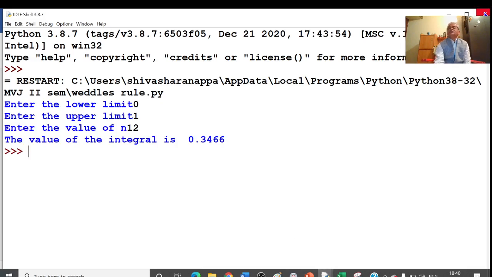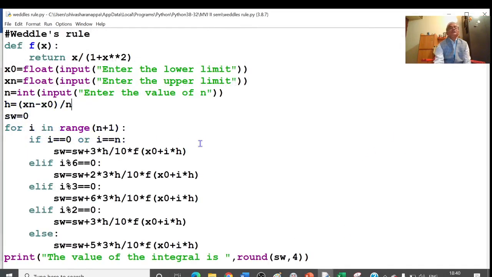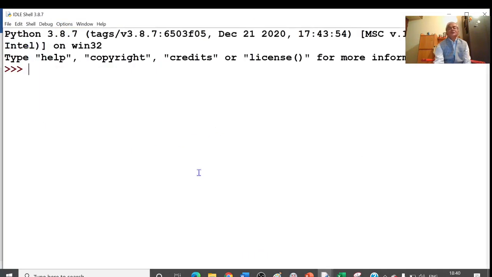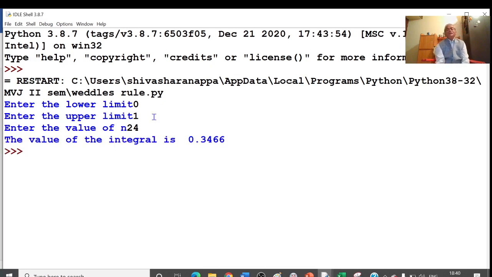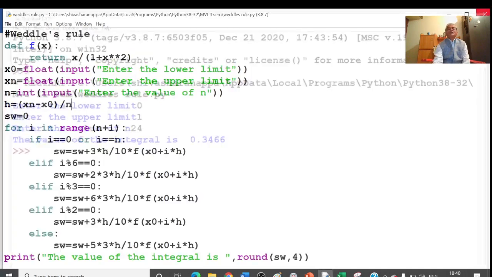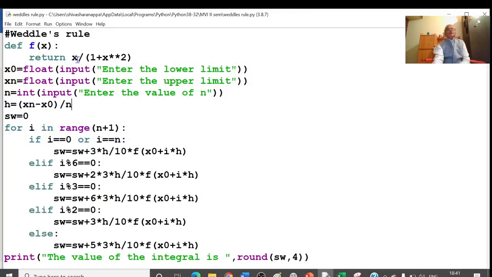Once again, if I run this program with different n, lower limit 0, upper limit 1, and I will take 24 subdivisions, 0.3466. Now I will consider one more function here, that is integration of 1 by 1 plus x with the same limits.